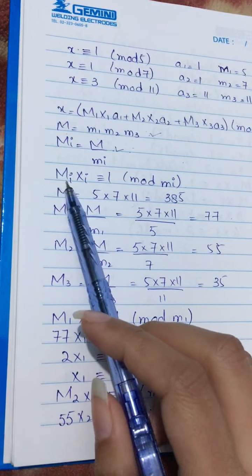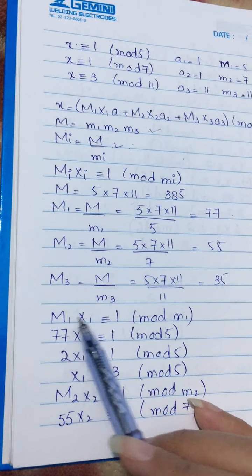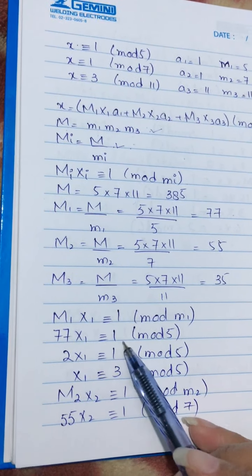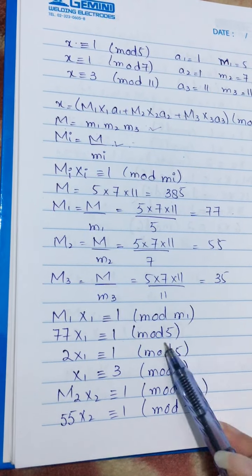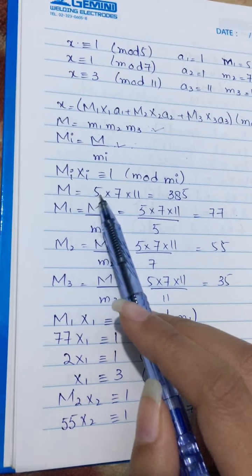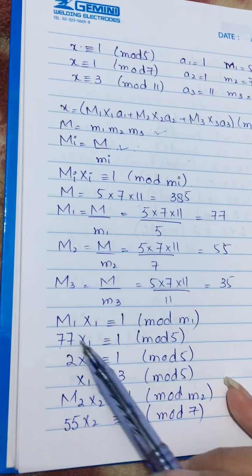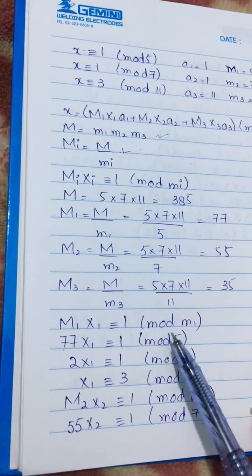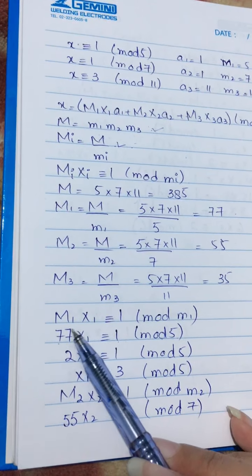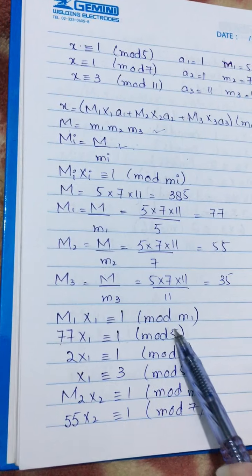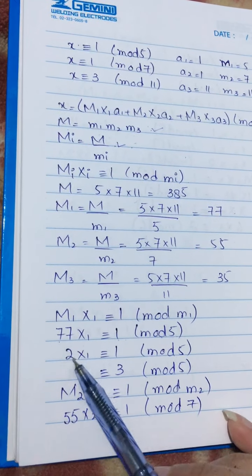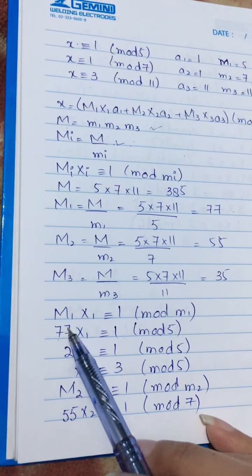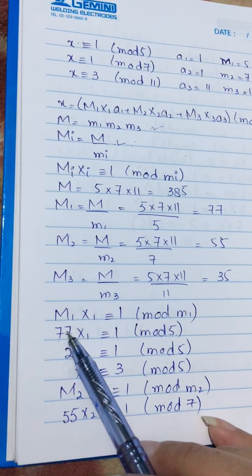So putting here the value of M1, which is 77, 77 x1 is congruent to 1 in modulo m1, and m1 is basically 5. So 77 x1 is congruent to 1 in modulo 5. If I check 77 in modulo 5, we have the remainder 2, because 75 is divisible by 5, but here we have 77, so the remainder is 2.